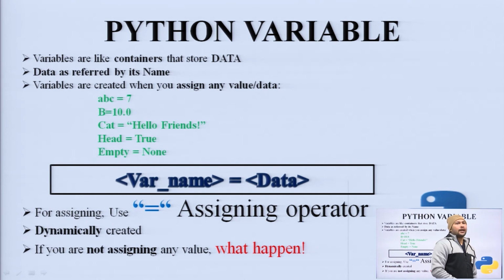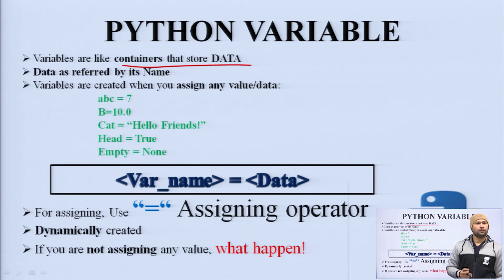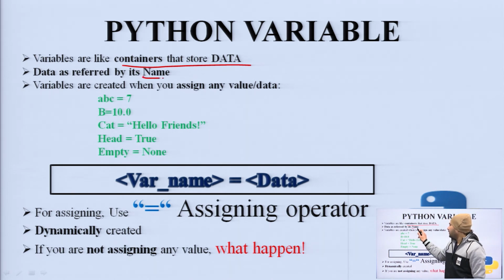Now, we are starting with a very important topic. The very first thing is what variables are in Python, how variables are defined, and what various data types are available to define variables. So, variables are like containers. You can just go in the kitchen, there are some containers which store some information, or you can say some food. It is similar to that, those containers are basically storing things together, but they are referred to with a name.